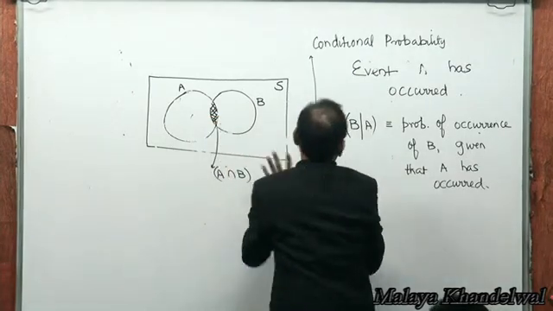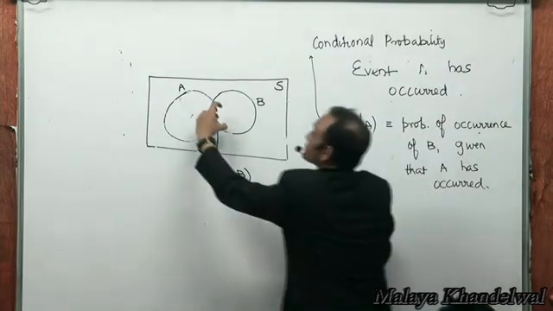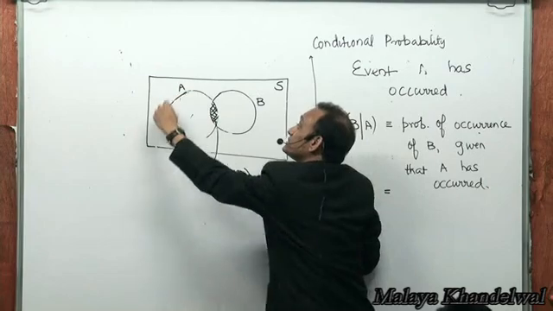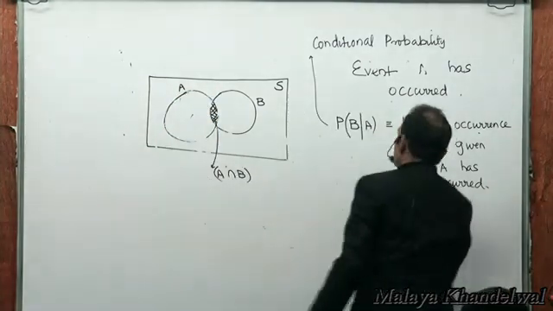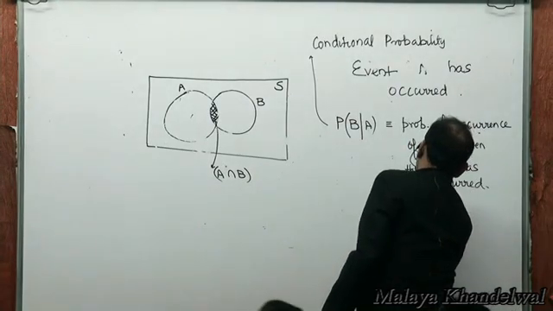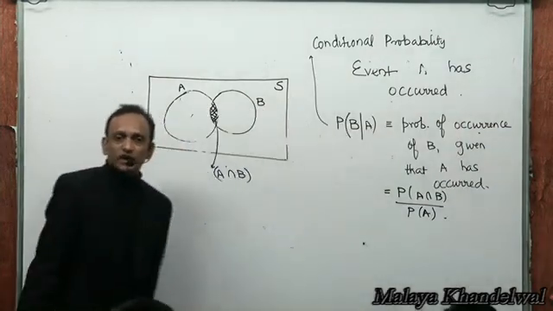Which means probability of B given that A has occurred must be probability of A intersection B divided by probability of A. Yes or no?